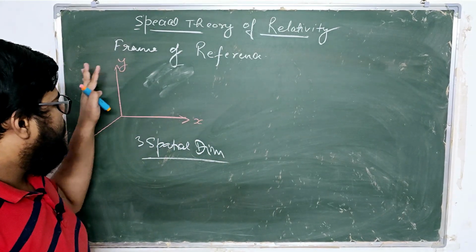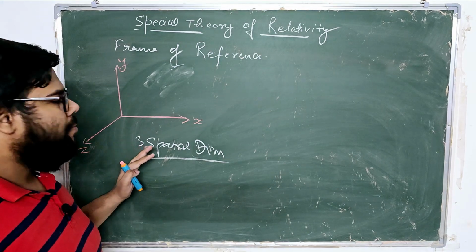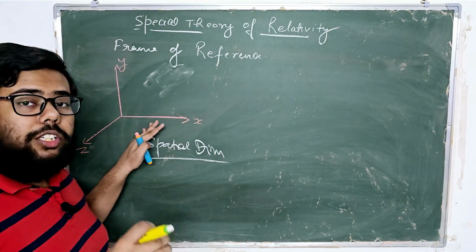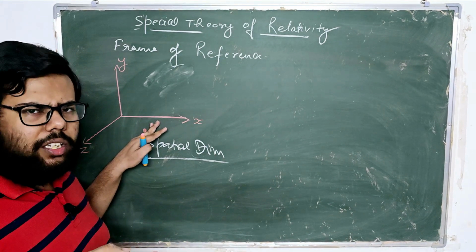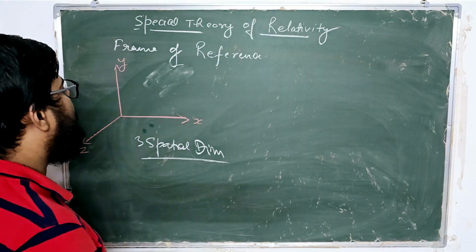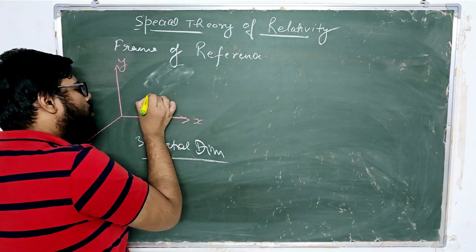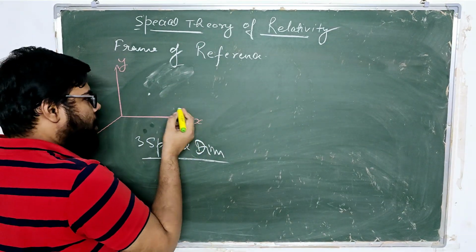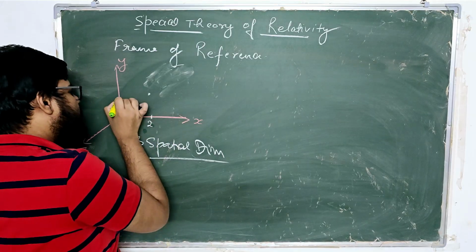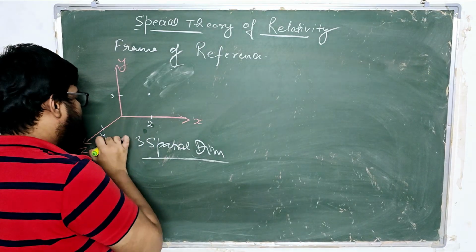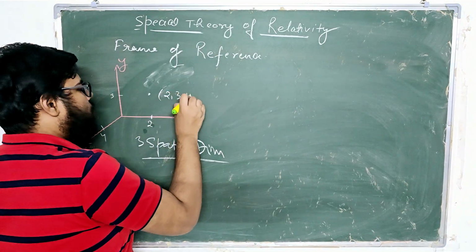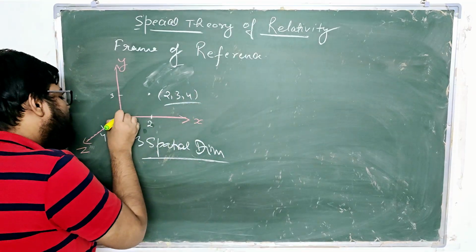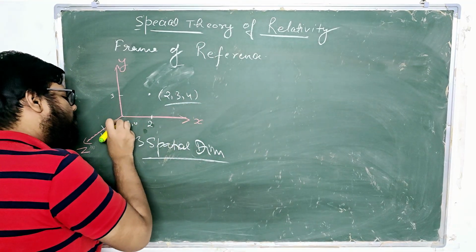So you have this coordinate system, right? So if you have to find the position of a particle, then what you will do? Well, you will just need to know its coordinates. Suppose this is 2, this is 3, and this was 4. So 2, 3, 4 will be the position of the particle with respect to the origin.